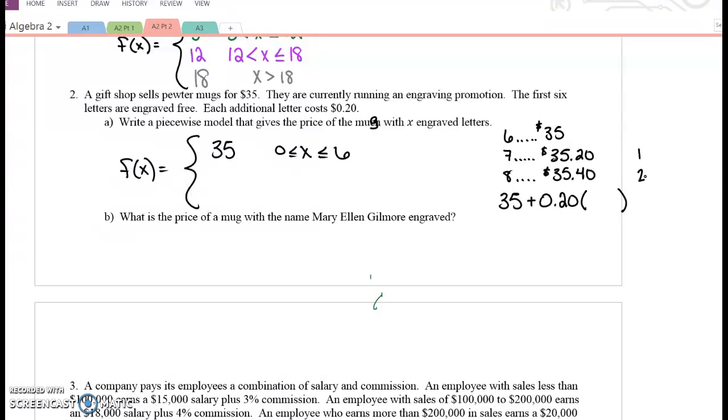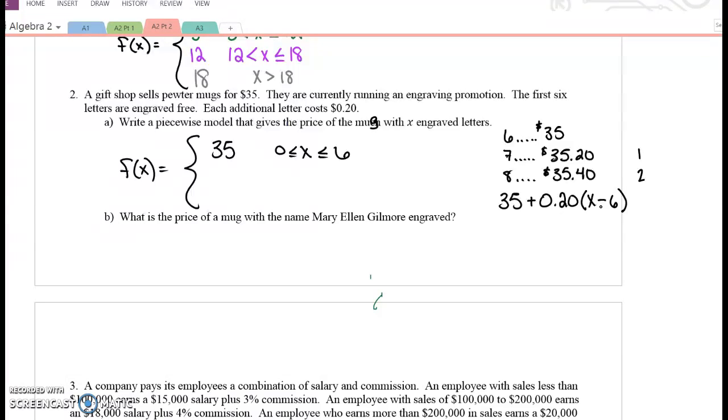7 minus how many? How many letters are free? If we do 7 minus 6, would we get 1? If we did 8 minus 6, would we get 2? So the number of letters minus 6 would give us the number of times we have to add 20 cents. And you could check this. 7 minus 6 is 1. 35 plus 20 cents is 35.20.